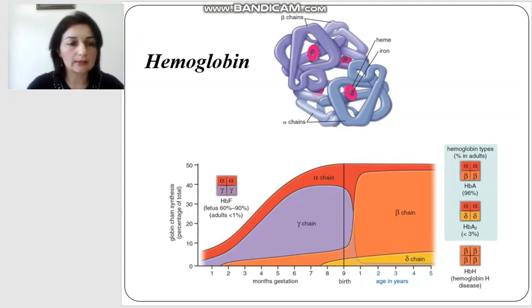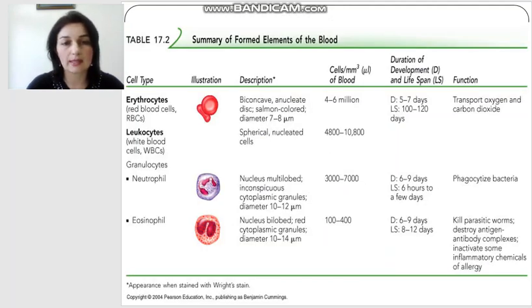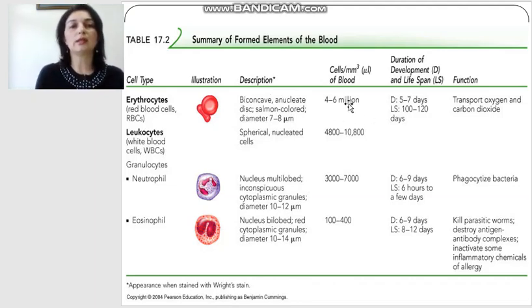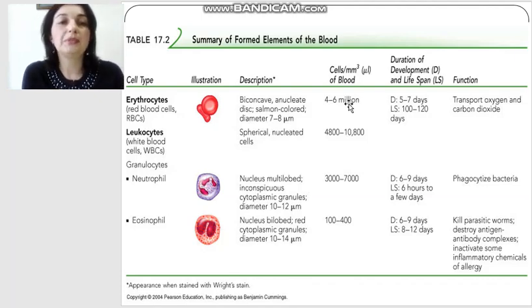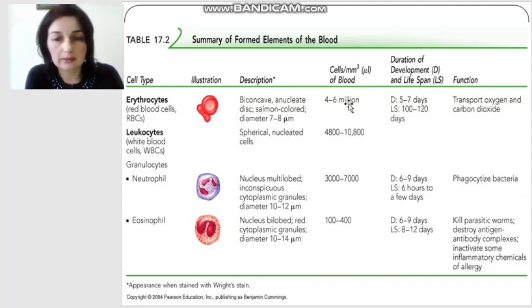Now let's look at the comparison of the blood cells. Pay attention to the erythrocyte: the illustration, description, the shape, biconcave, unnucleated, disc-shaped, and the amount. We have to know that in men the amount of erythrocytes is approximately 6 million per 1 milliliter of blood, but in women approximately 4.5 million per 1 milliliter of blood.